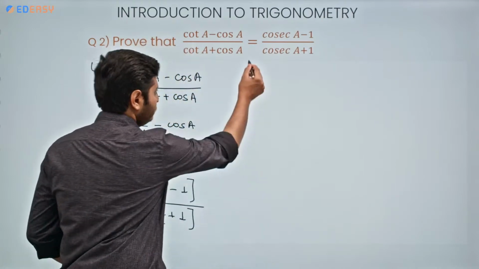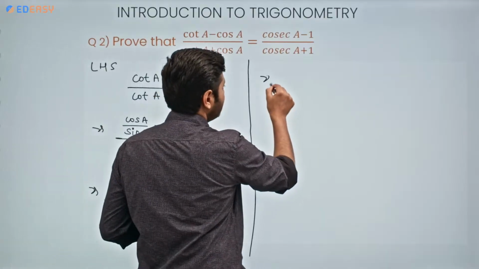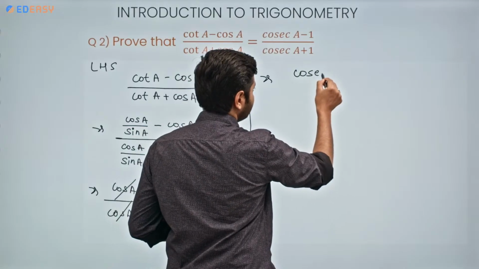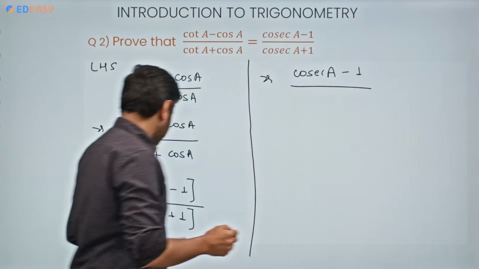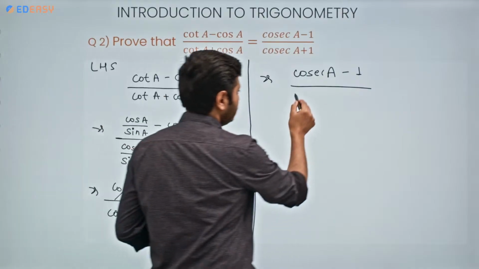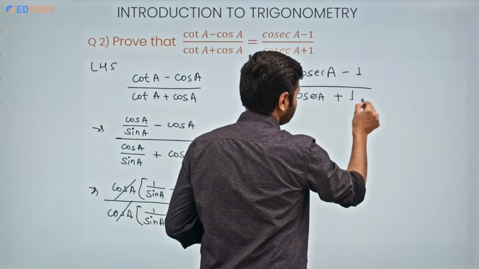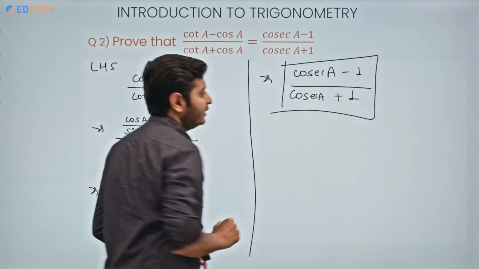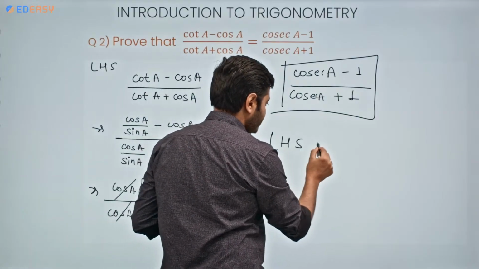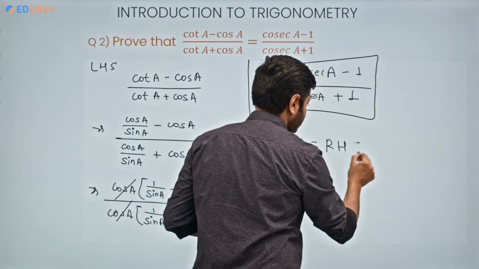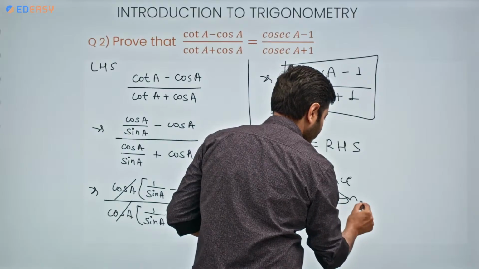Now, 1 by sine A is cosecant A, so it will become cosecant A minus 1 divided by 1 by sine A here also, so cosecant A plus 1. This is what we need to do. Correct? Now, as you can see, LHS is equal to RHS. Hence, proved.